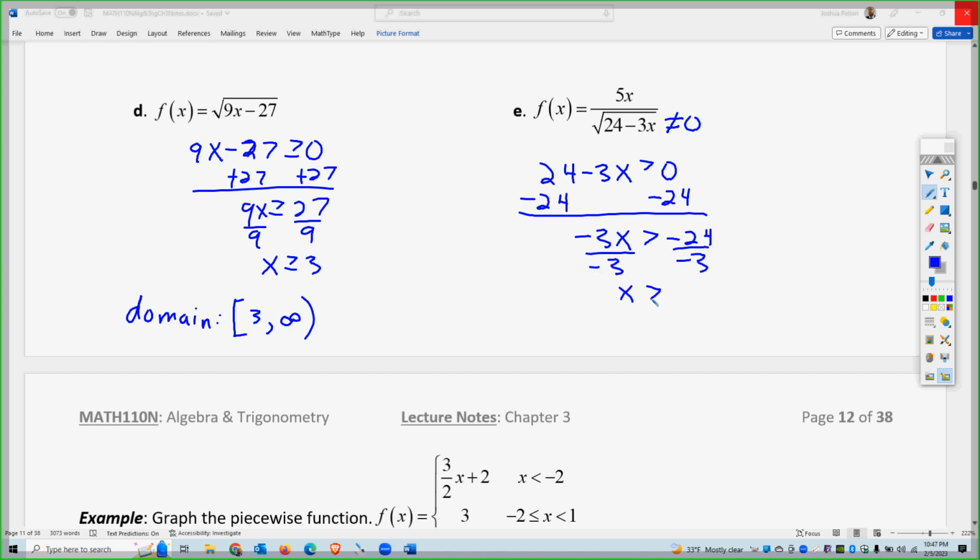So x is greater than 8 is incorrect, because if you divide by a negative, you need to switch the sign, right? So in fact, my domain is less than 8, so going negative infinity to 8, but nothing greater than 8, because I have to be less than 8, essentially. All right, that is the end of part 3.